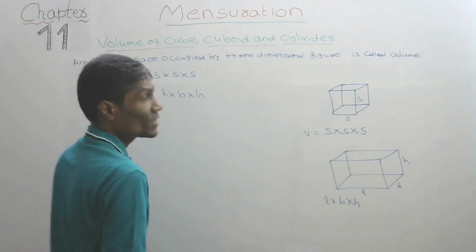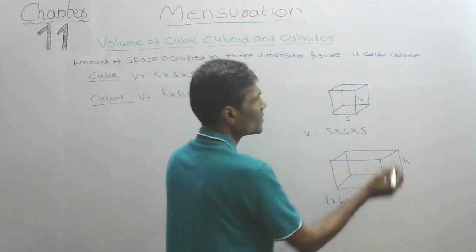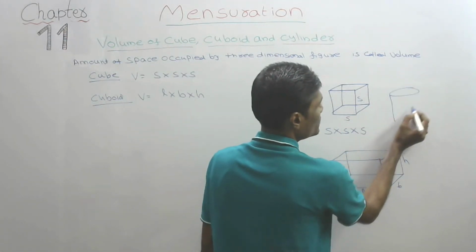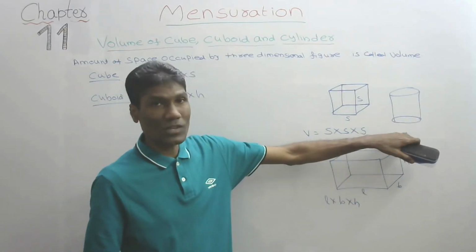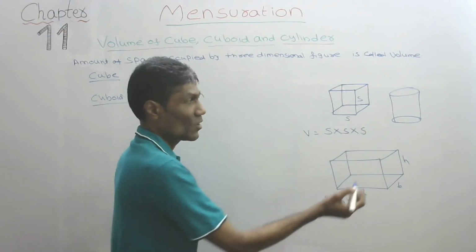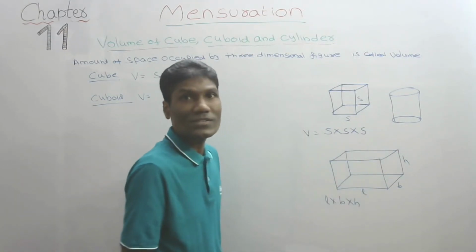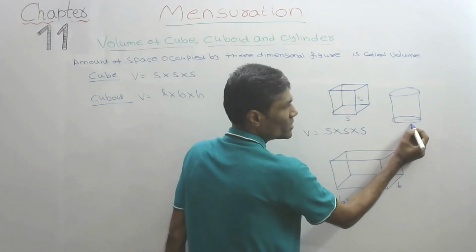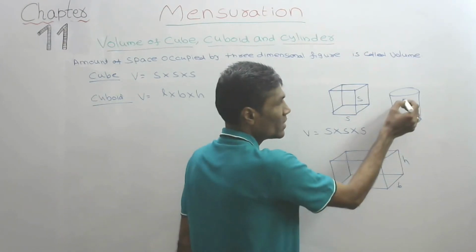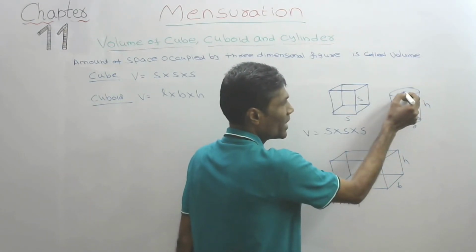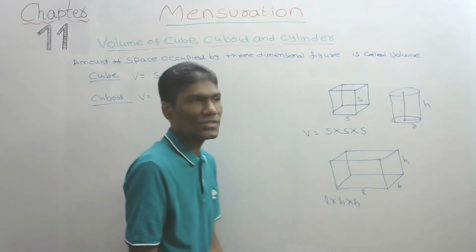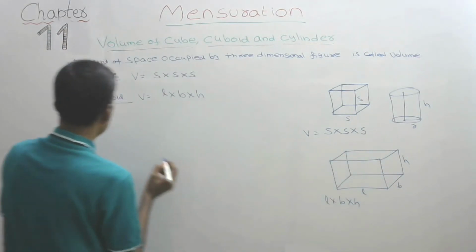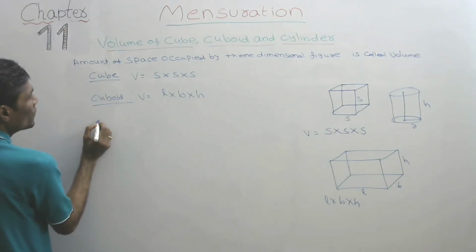What is next? Cylinder. Now, by seeing this, we can derive the formula very easily, isn't it? What is the base here? The circle. Say this is radius R and this is height H. This one or this one, all will be the same. Now, what is the volume of the cylinder?